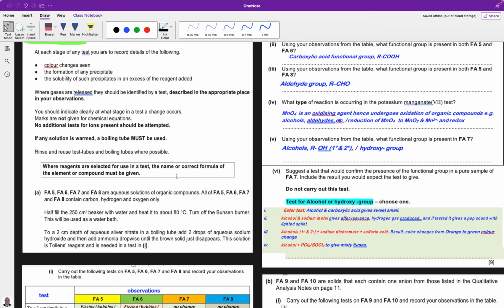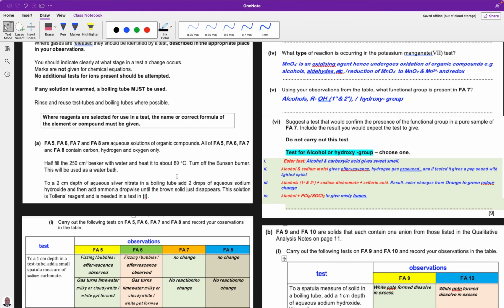If any solution is warmed, a boiling tube must be used. Rinse and reuse test tubes and boiling tubes where possible. Where reagents are selected for use in a test tube, the name or the correct formula of the element or compound must be given.